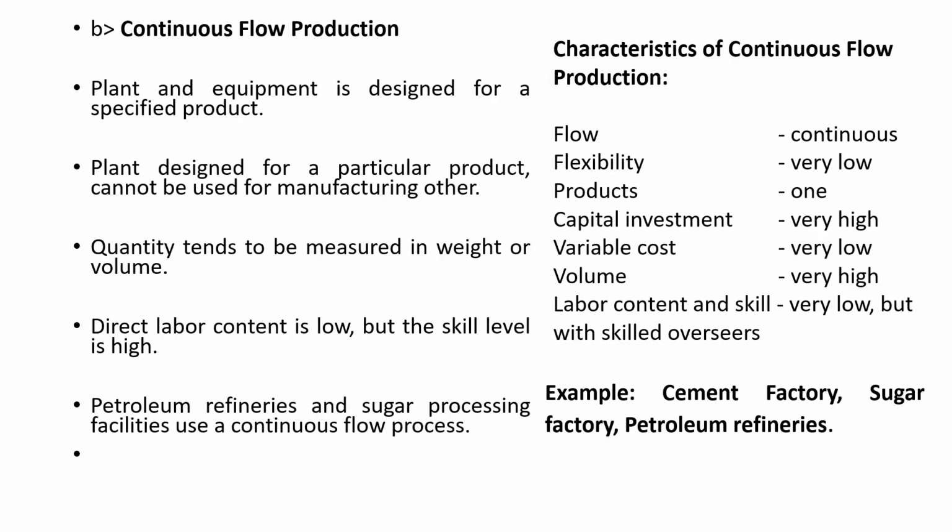Another important type of continuous production is continuous flow production. The difference between mass and flow production is the type of product and its relation to the plant. In mass production, identical products are produced in large numbers.